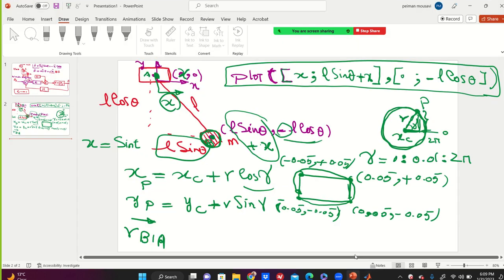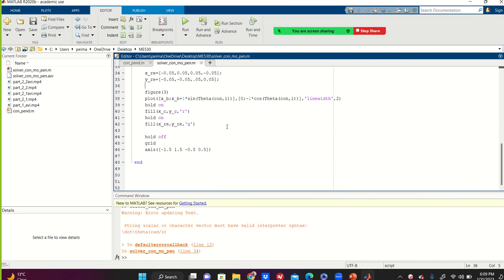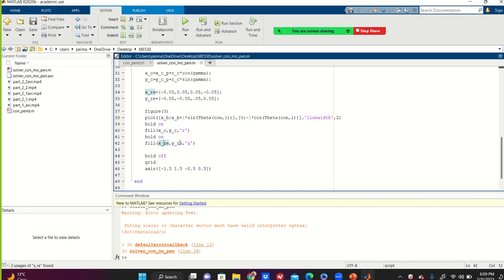As we did previously. Maybe we have to tune later. See? Minus, minus, plus, plus. Let me double check the numbers. Now we have x of this. See, I have two hold ons. After I'm done, hold off. Okay.